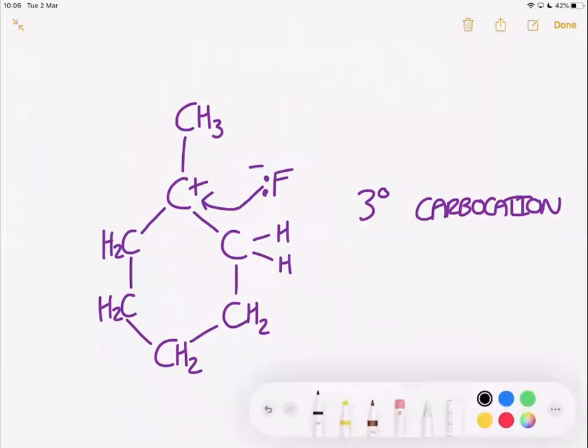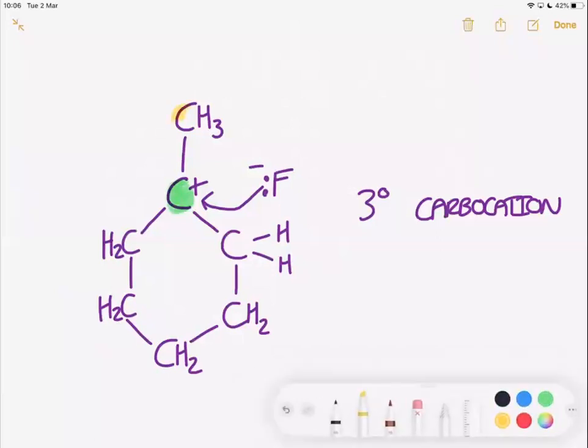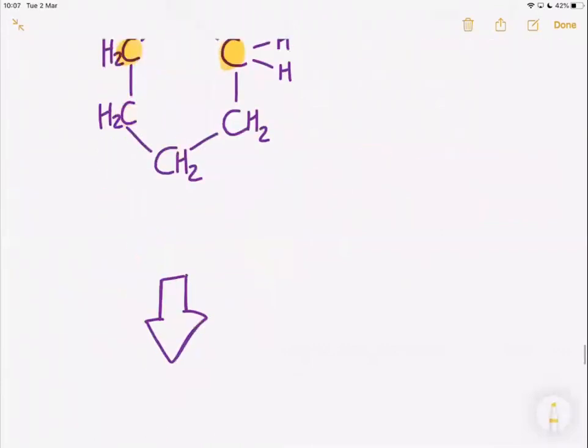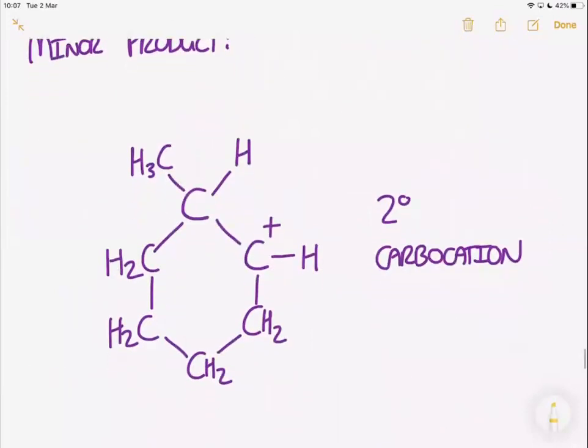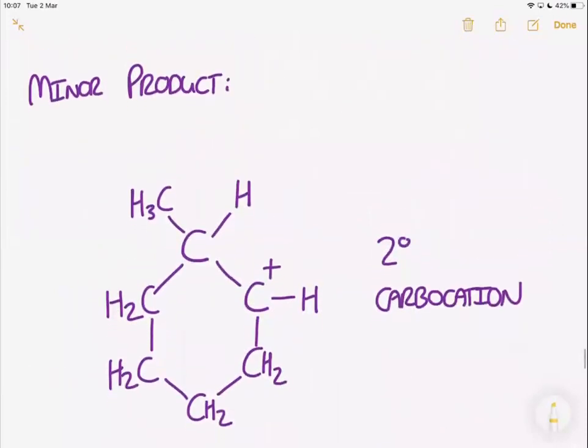It's a bit of a weird one, just because it's cyclic, but it's attached to 3 neighboring alkyl groups. So it's going to go that way if it can. And you're going to get this molecule as a result. Okay. The comparative alternative pathway would have occurred via this carbocation, which is comparatively less stable.